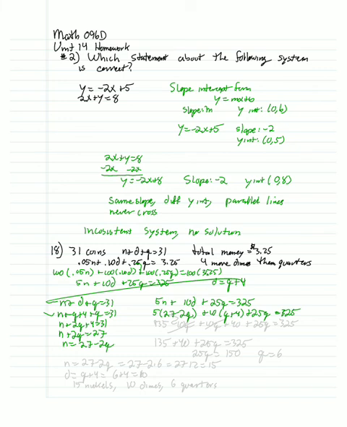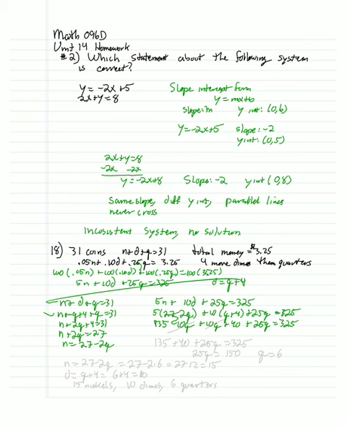So we multiply that through, we'd have 135 minus 10Q plus 10Q plus 40 plus 25Q equals 325. Now we're just going to go through and simplify this a little bit.